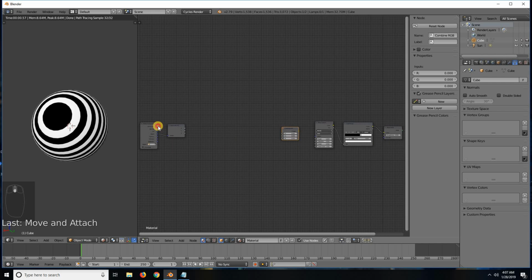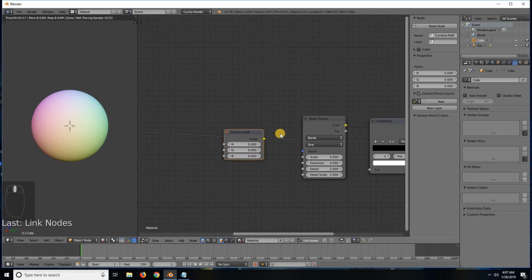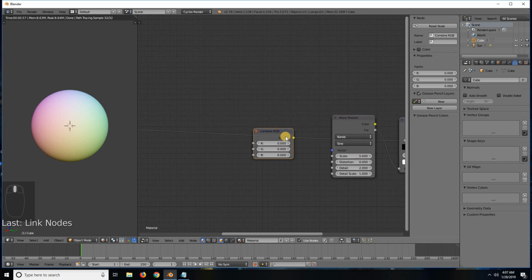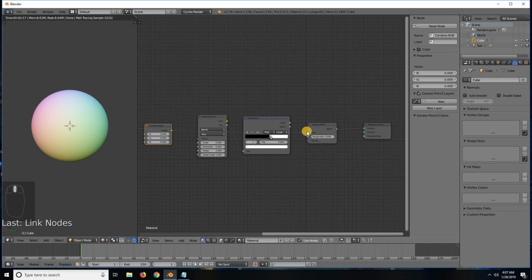I'm sure I've said it before, but if you didn't know, vector information in Blender is controlled through color. So yeah, I use the combine RGB node just because I want to make sure I turn this information that we play with back into something that Blender is guaranteed to recognize as color data before I send it on down the line.